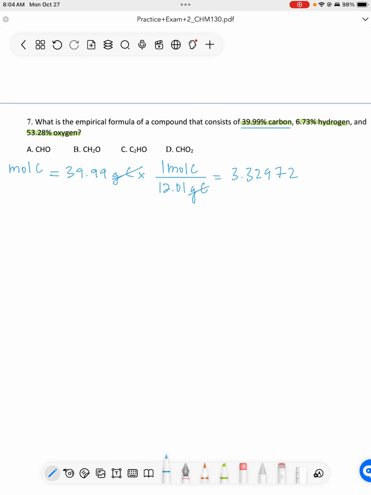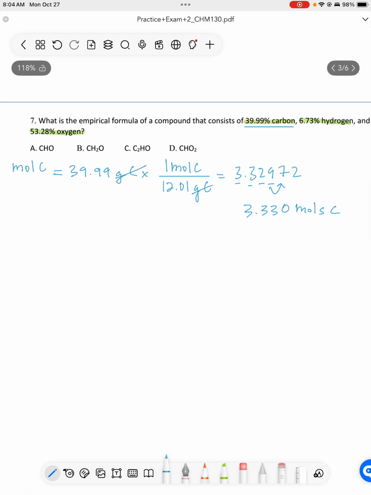Okay. We want 4 significant figures, so we underline the 4 we need. We look at one more. That changes this to 3.330 moles of carbon.